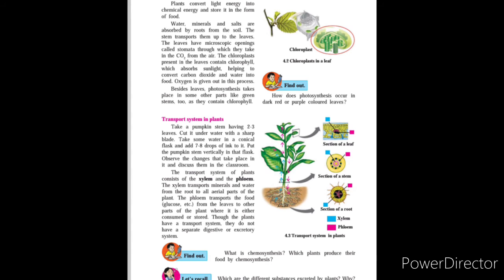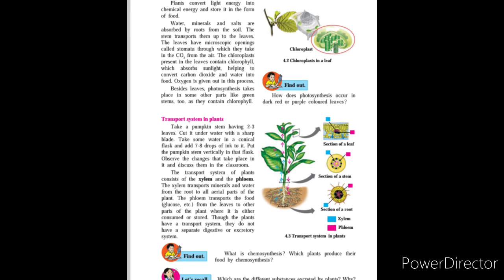Stored food is in the stem. Though plants have a transport system, they do not have a separate digestive or excretory system.